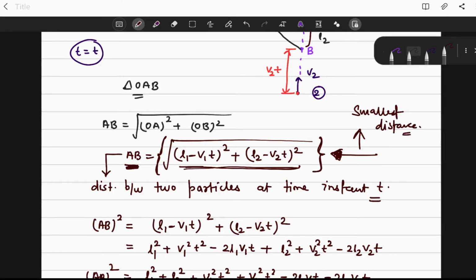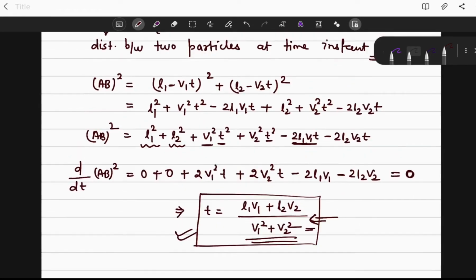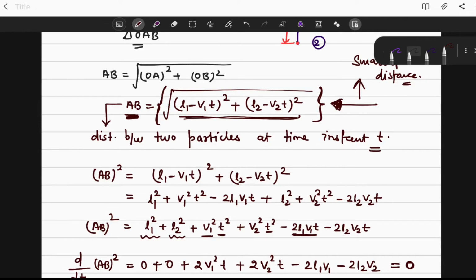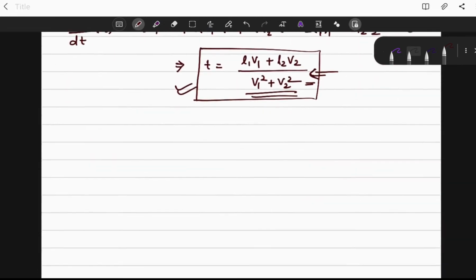But it might be a tedious task, because we have to square this expression and then rearrange several terms in order to get the minimum value of the distance. So instead, we use the concept of relative velocity to find the minimum distance.